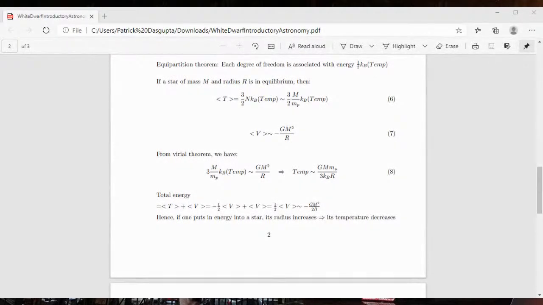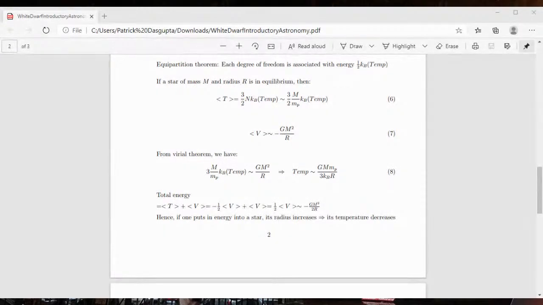So once the core mass is more than 1.4 times the Sun's mass, as the white dwarf core cools down and its mass is more than 1.4, there is no more white dwarf equilibrium state, it will just collapse.